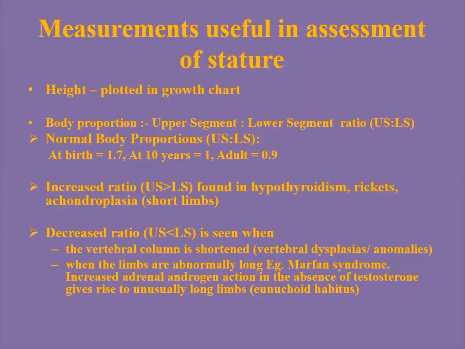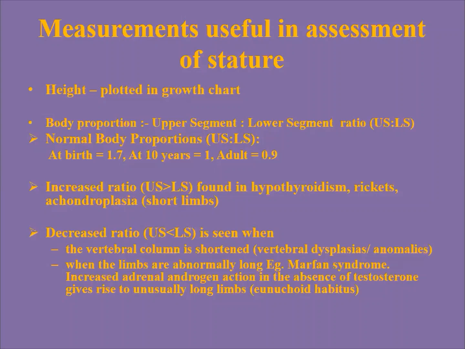At birth, the upper segment is slightly bigger than the lower segment. Therefore, the ratio is 1.7. At 10 years, it's 1, which means the upper segment is equal to the lower segment. And in adulthood, it's 0.9, indicating the lower segment is slightly more than the upper segment.